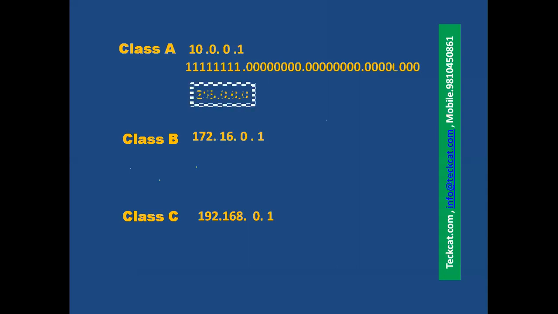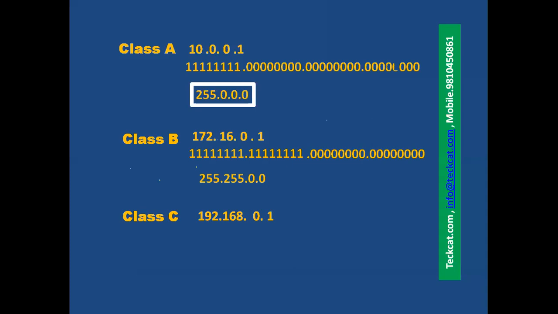Now, what is the subnet mask telling you? The subnet mask is telling you that in class A, 8 bits are network and 24 bits are host. In class B, as I have already told you, 16 bits are network and 16 bits are host, so the mask will be 255.255.0.0.